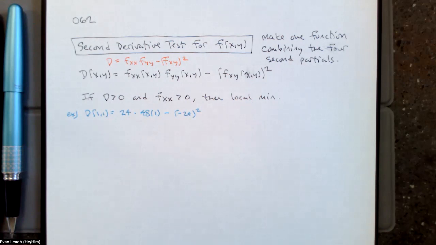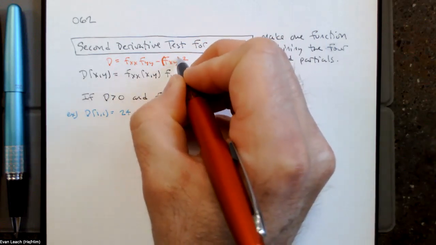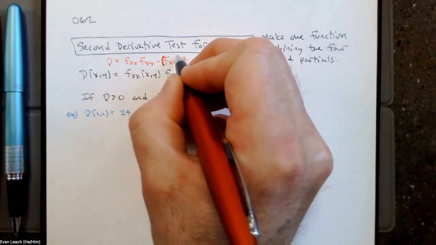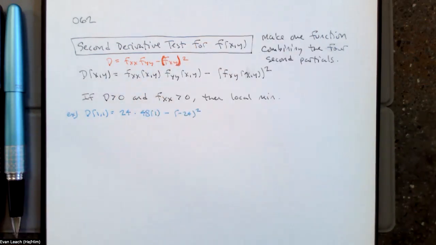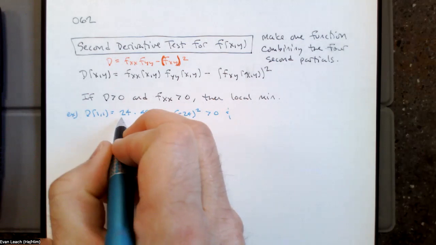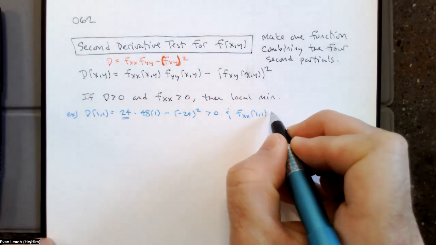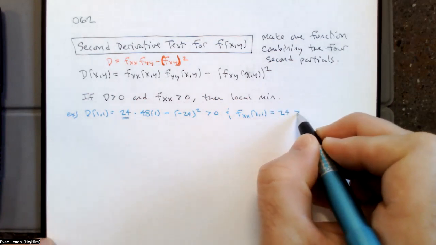No, that's parentheses around the f. So I got 24 times 48 minus 24 times 24. So that's going to be, don't care, it's going to be positive. And fxx was the 24, which is also positive.